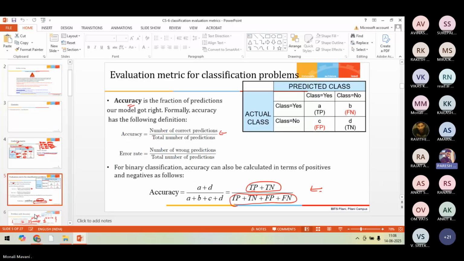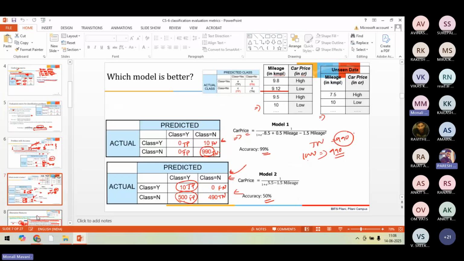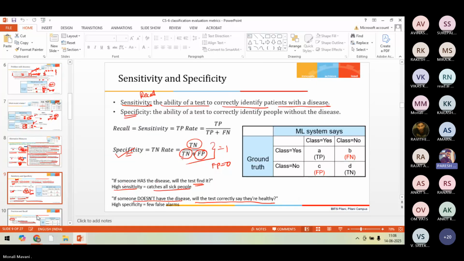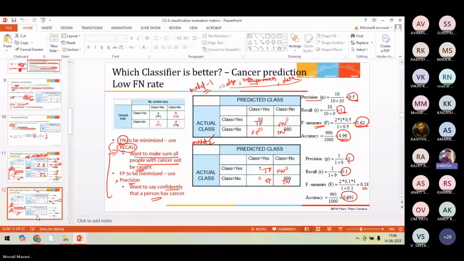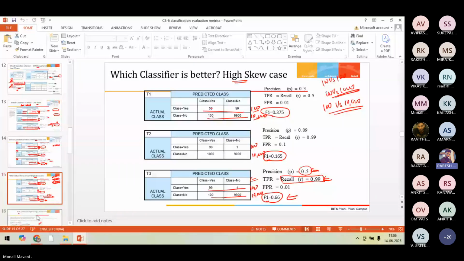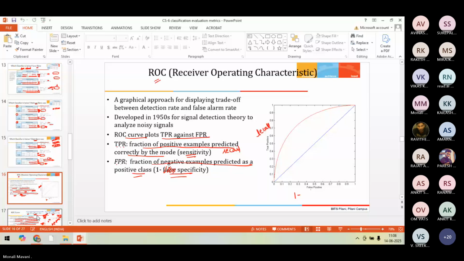I understand them individually. TPR tells me, among all the actual positives, how many positives am I really able to catch. Precision tells me, if I am seeing true positives, am I also seeing any false positives?